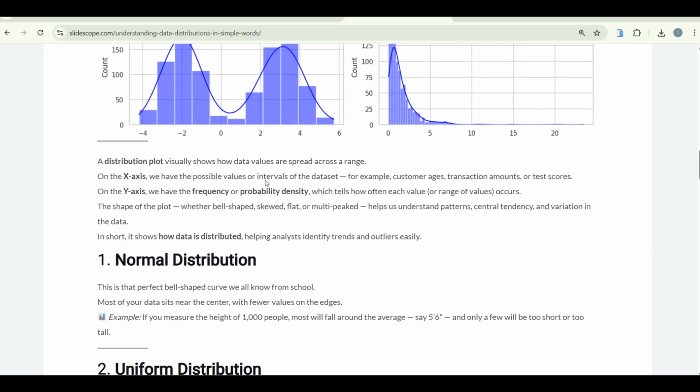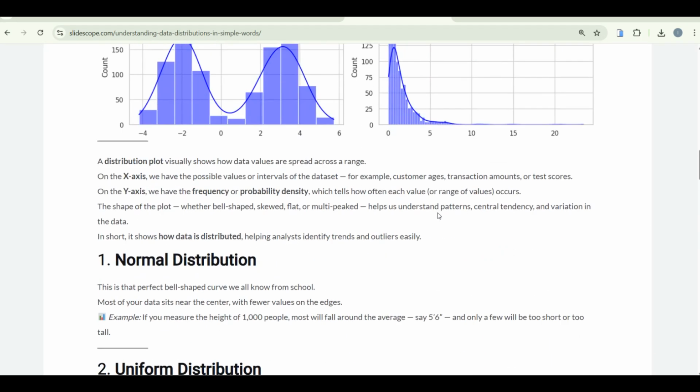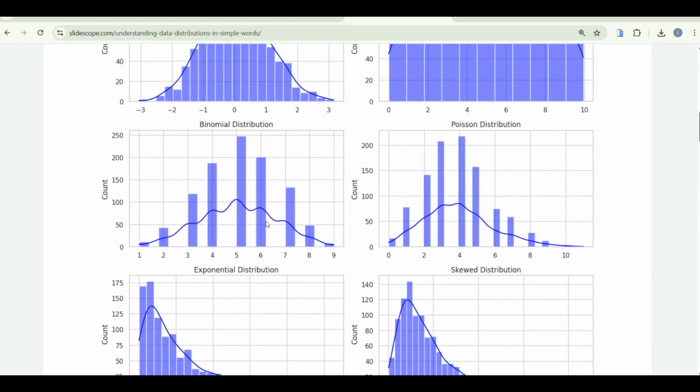A distribution plot visually shows how data values are spread across a range. On the x-axis, we have the possible values or intervals of the data set, for example, customer age, transaction amount, or test score. On the y-axis we have the frequency, or probability density, or count in simple words.